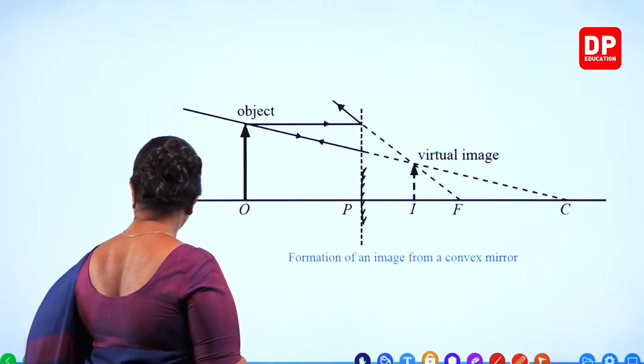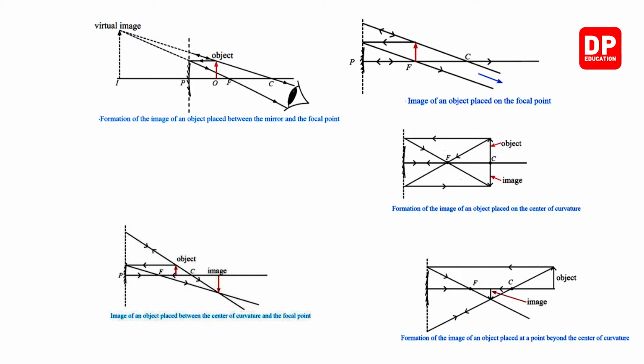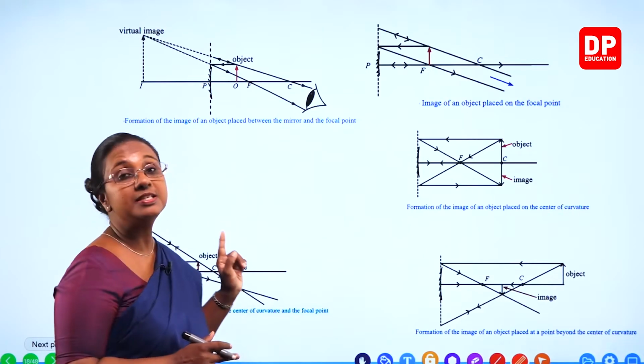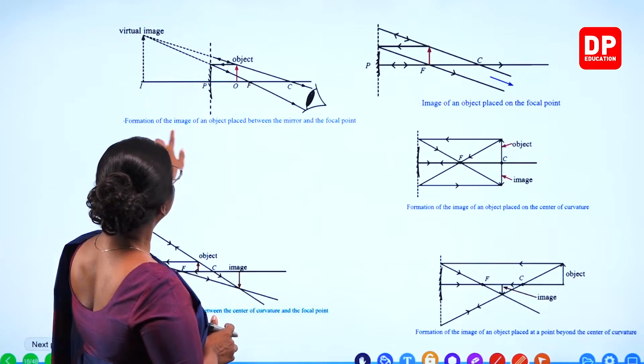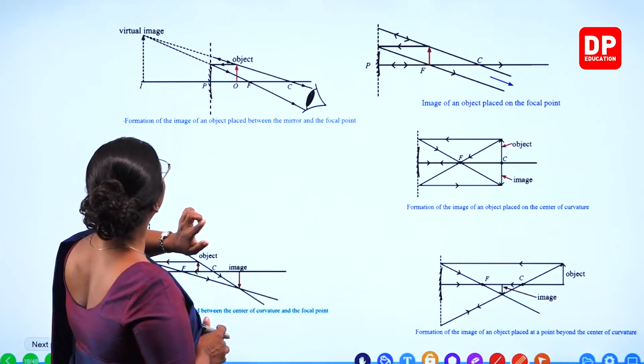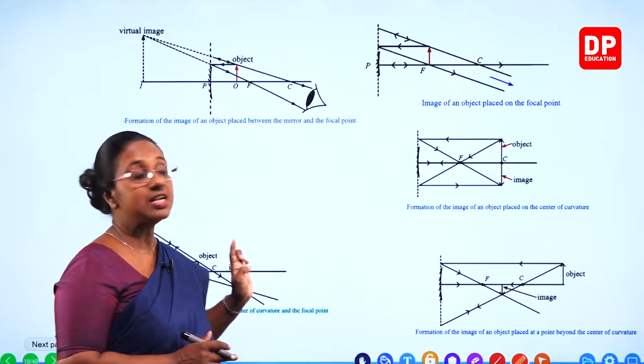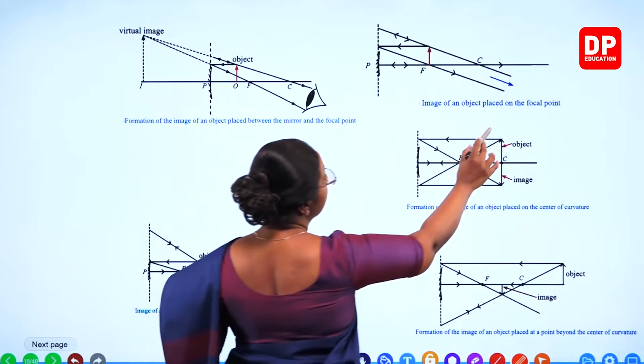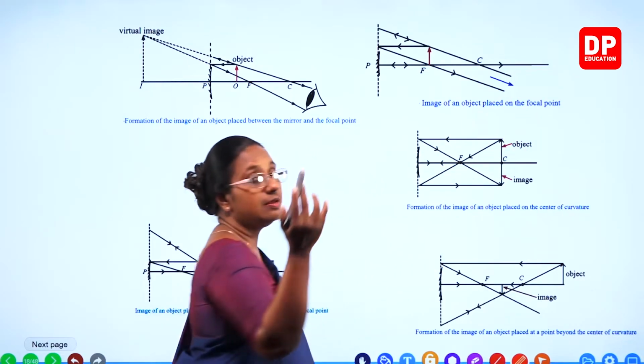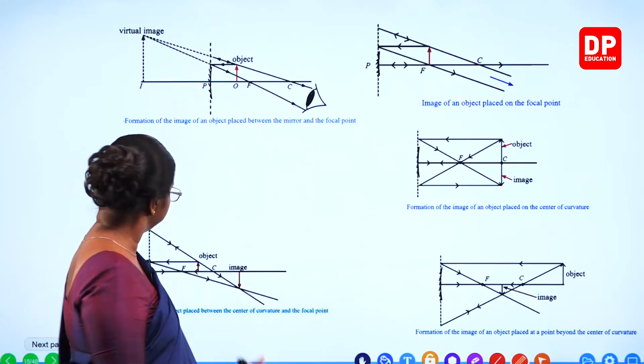But different types of images are actually formed by the concave mirror. Just to have a look at the types of images, I have put all these diagrams. Depending on the position of the object: when the object is between the mirror and the focal point, it is a virtual, upright and enlarged image. When it is on the focal point, the image is formed at infinity.